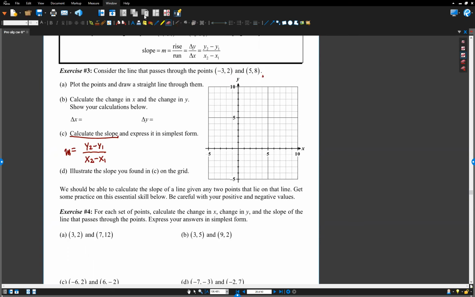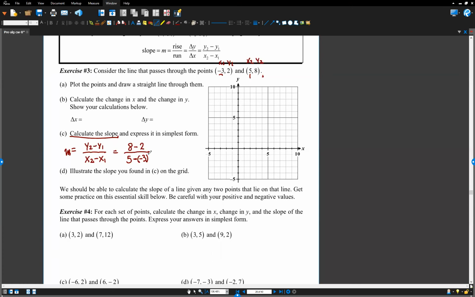Now I'm going to put over here: I take this as x2 and y2, and this as x1 and y1. So y2 minus y1, y2 is 8, y1 is 2, so 8 minus 2, over x2 is 5, x1 is -3, so we still have a minus inside, okay? x1 is a negative number. That's why I got 5 minus -3.